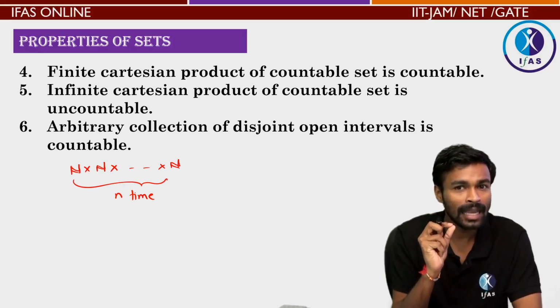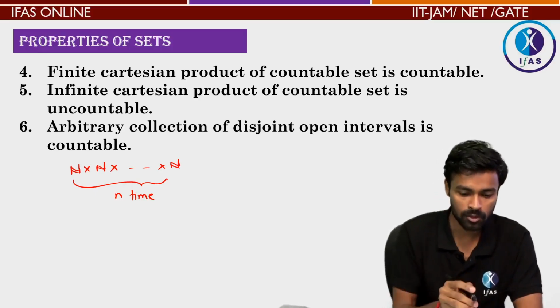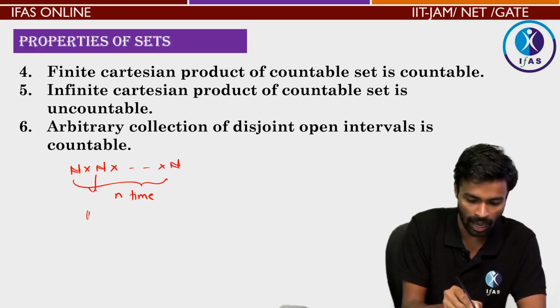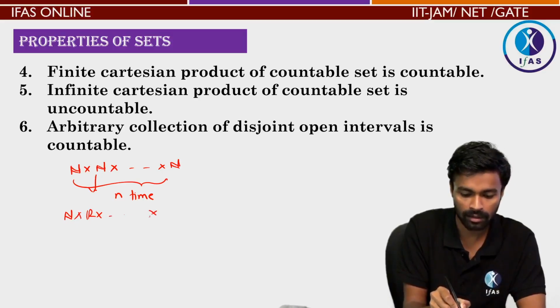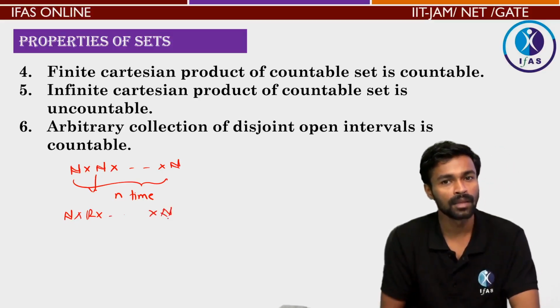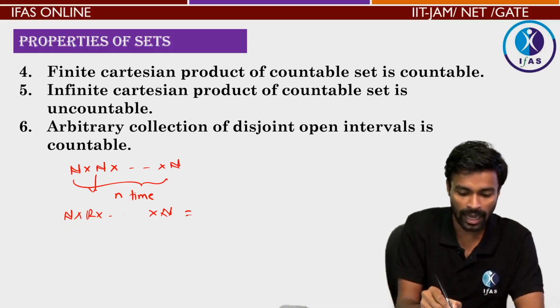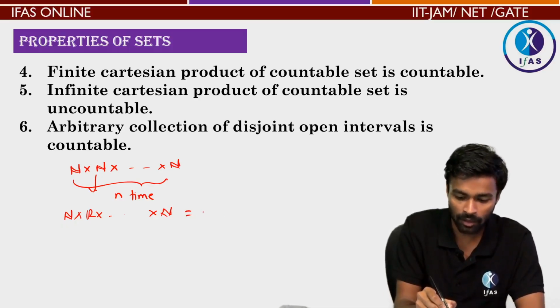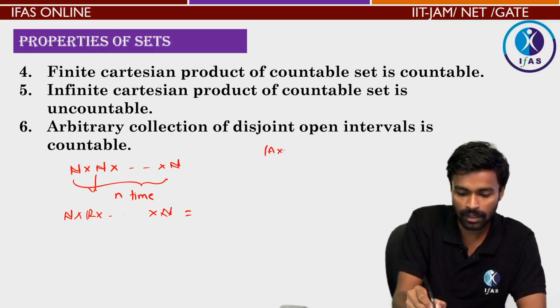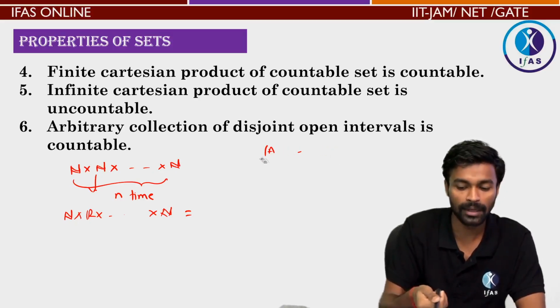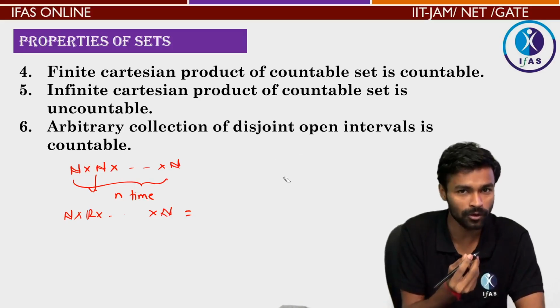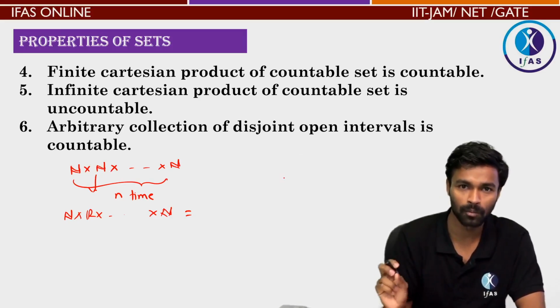But if at least one of them is uncountable, so if I replace this n by R, then this set will be an uncountable set, because the cardinality of A cross B is equal to the cardinality of A times the cardinality of B. So multiplication: the cardinality of the cross product is the product of the cardinalities of both sets.